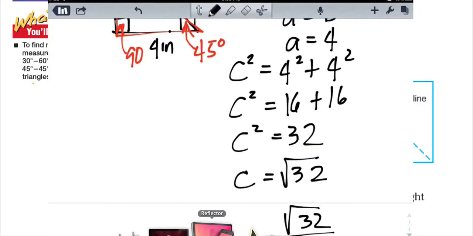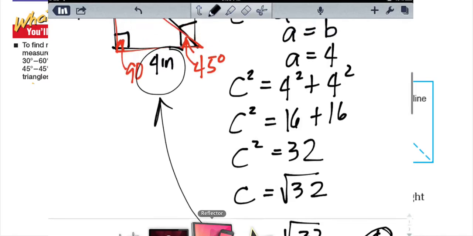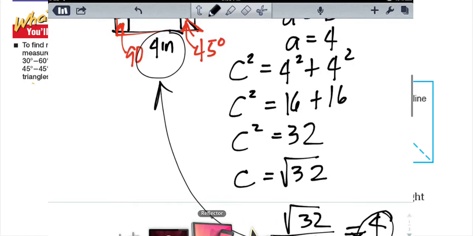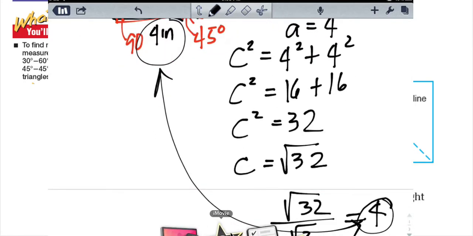This is equal to 4, which is the same as the side of the square. So, how do we find c if we know the side of the square? Logically, all we need to do is multiply it by radical 2.